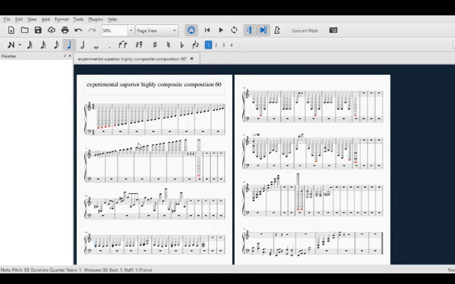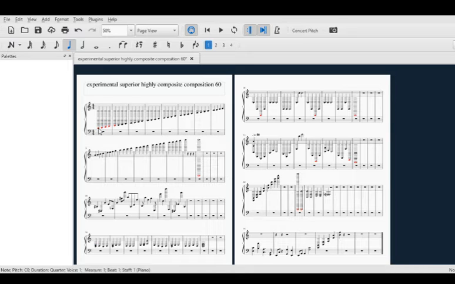I made a JSON file specifying how many cents to go up per note, and every note will go up by 20 cents. Since 100 cents is one semitone, and there's 12 semitones in total, I just had to divide it by a fifth, and that would give me the whole octave for 60 tones.